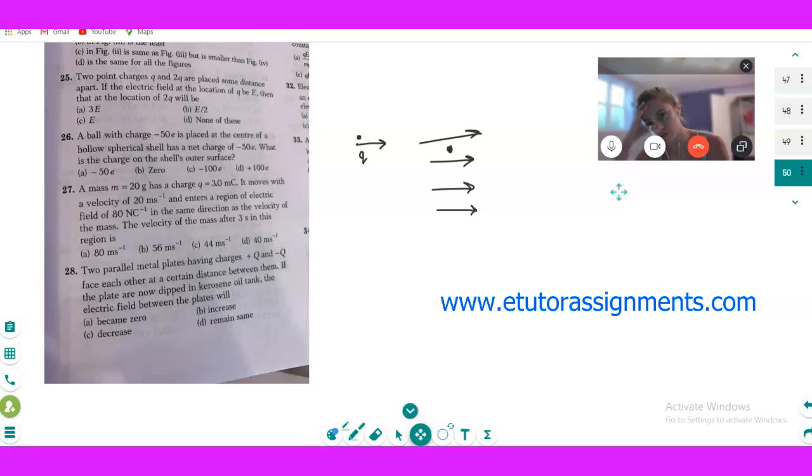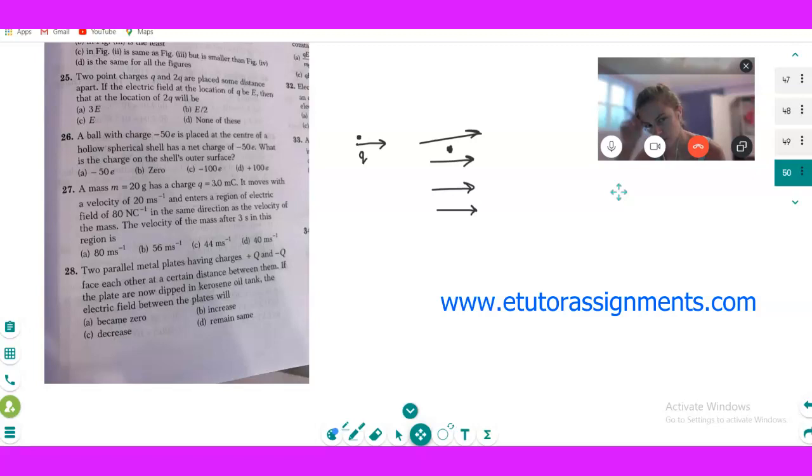Which direction? In the electric field direction? Yes. Electric field is nothing but the force acting on a unit charge. If you put charge q, then electric field times q will be the net force on this charge.